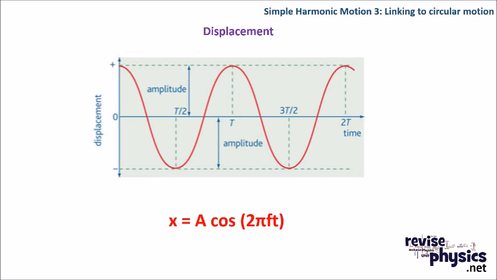Now, it's worth remembering this because they might give you a displacement time graph, and from that you can work out, from f is 1 over T, what f is. Well, T you can read off the graph.